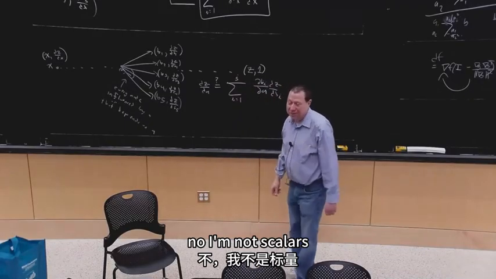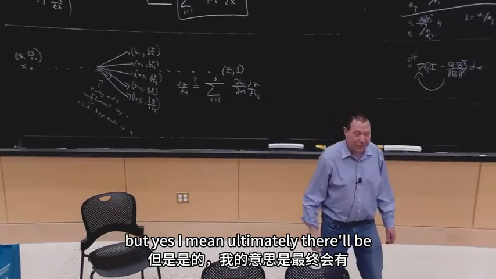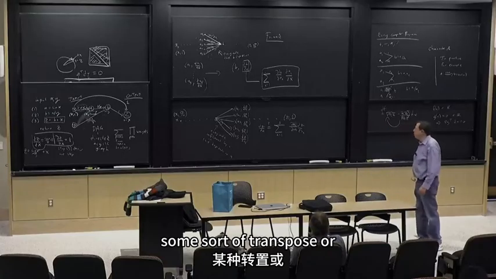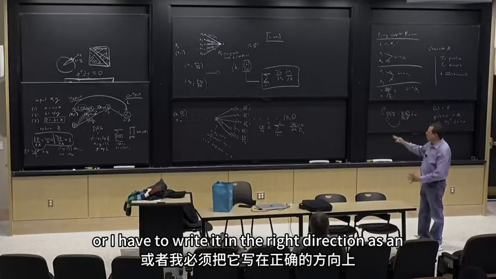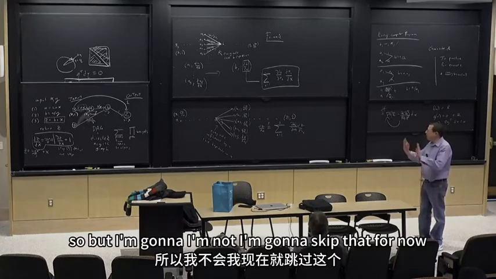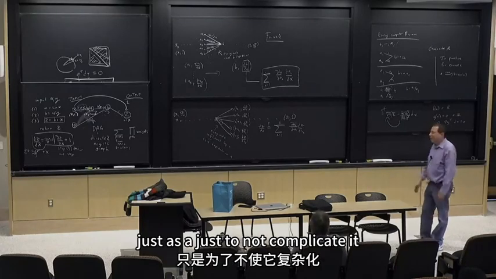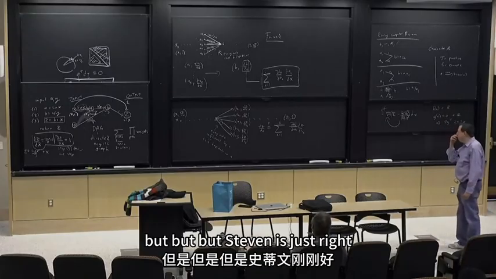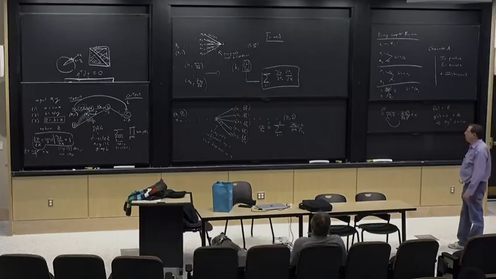No, I'm not scalars. But yes, ultimately there'll be some sort of transpose, or I have to write it in the right direction as the outputs on the left. But I'm going to skip that for now, just to not complicate it. But Stephen is just right.